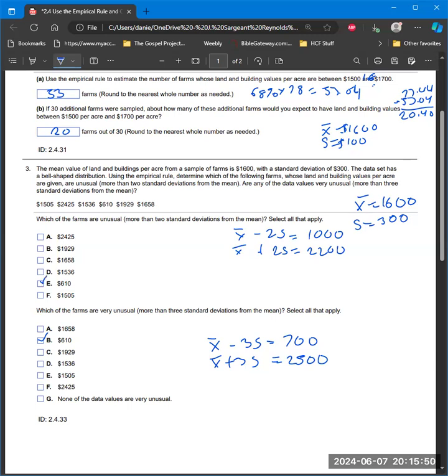Actually, anything less than 1,000, we'll classify as unusual. Anything above 2,200 would also be unusual on the high end. That's how they wanted you to answer: anything below 1,000 or above 2,200 in the first question, and anything below 700 or above 2,500 in the second question. I believe that's everything.